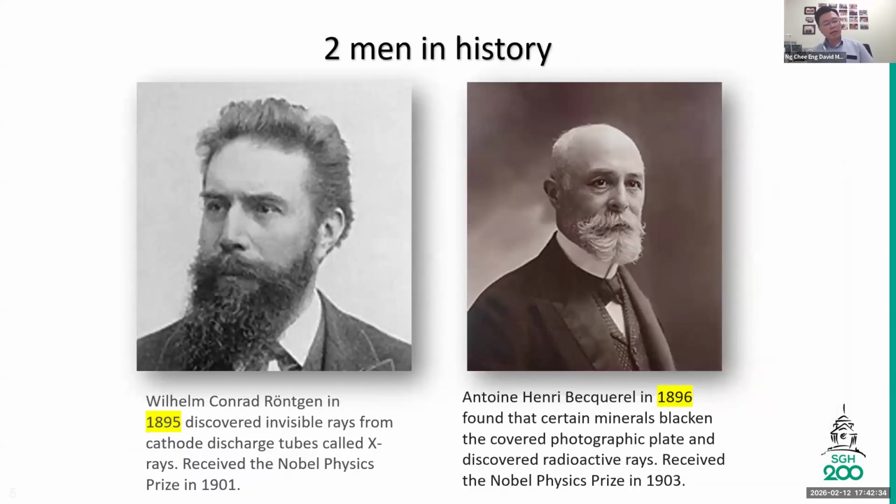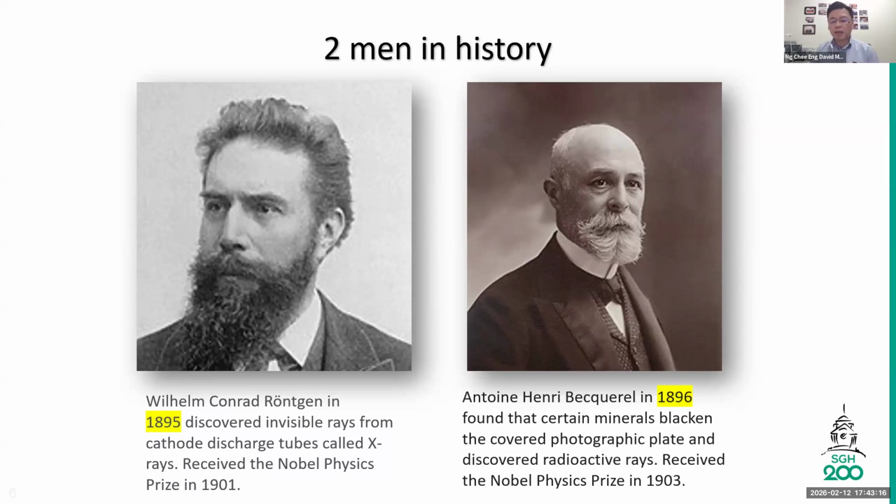To really understand theranostics, we can start with a little bit of history. In 1895, Roentgen discovered rays from a cathode ray tube that were able to pass through cardboard, which was really unknown at that time. So he called them X, a variable X, X-rays, and he received the Nobel Prize in 1901. At the same time, Becquerel in 1896 noticed that some minerals could blacken a covered photographic plate.